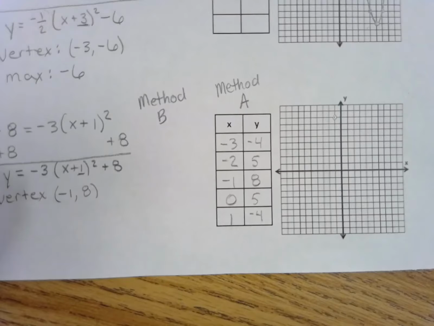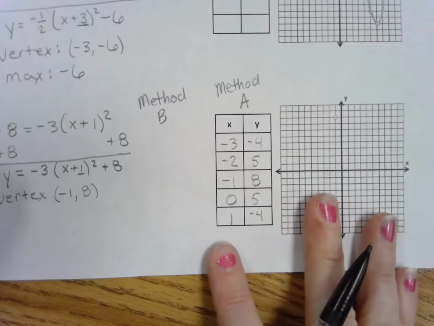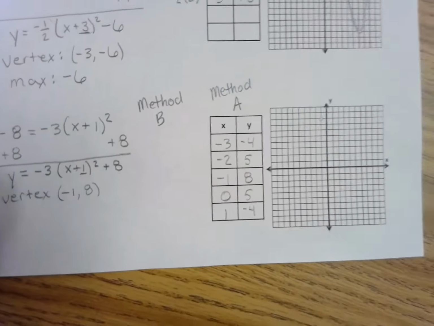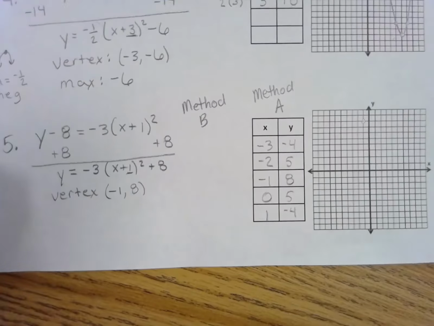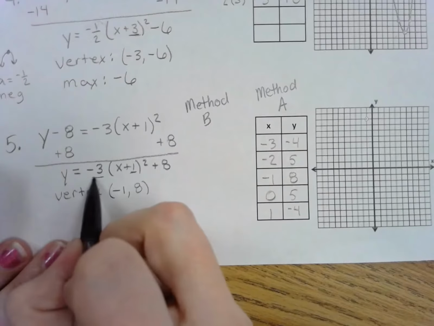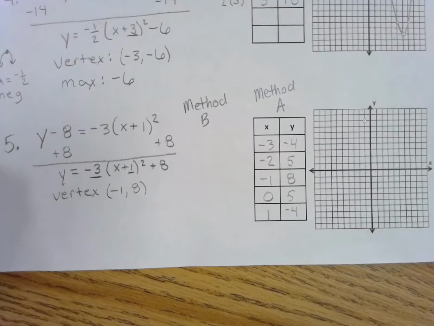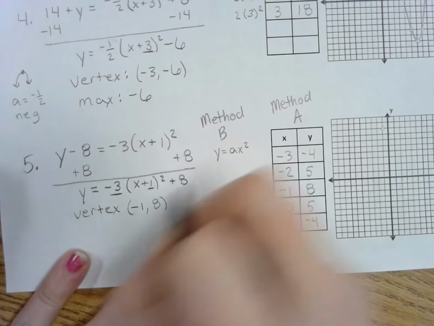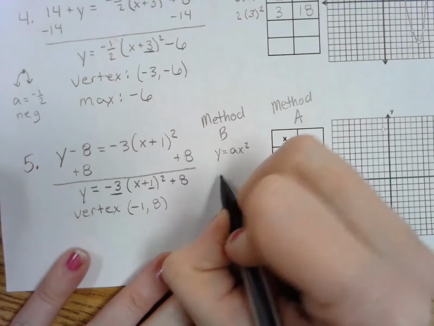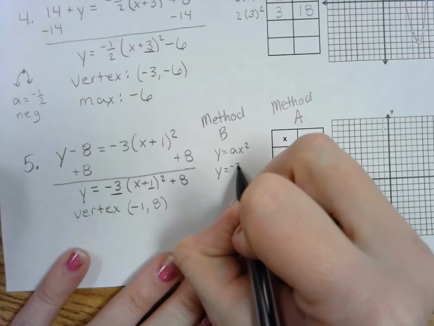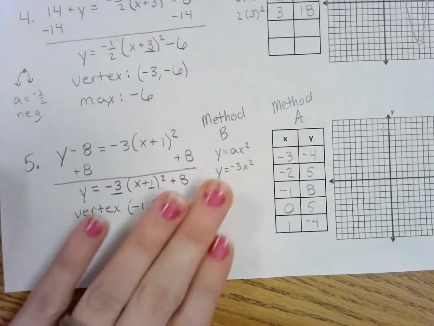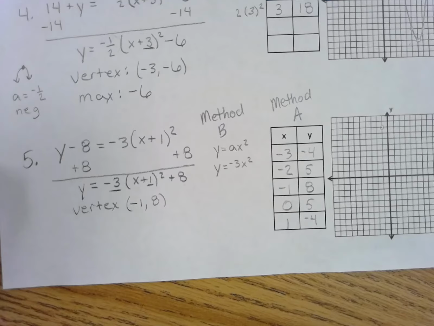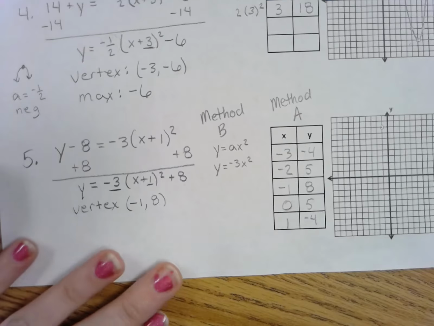So for our method B here, we need to go back and get our A value from our original equation. So we're going to write an equation, y equals ax squared, replacing that with our A from our equation. So we have y equals -3x squared, and this will help us to determine how to move from that vertex to get our other points.